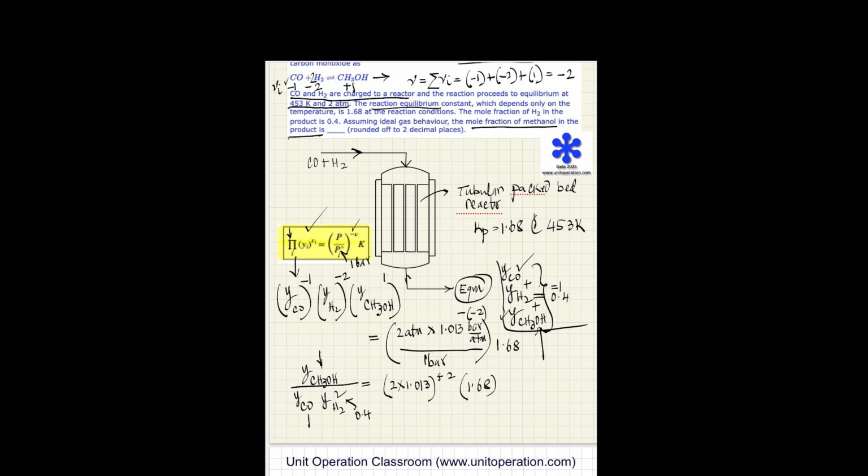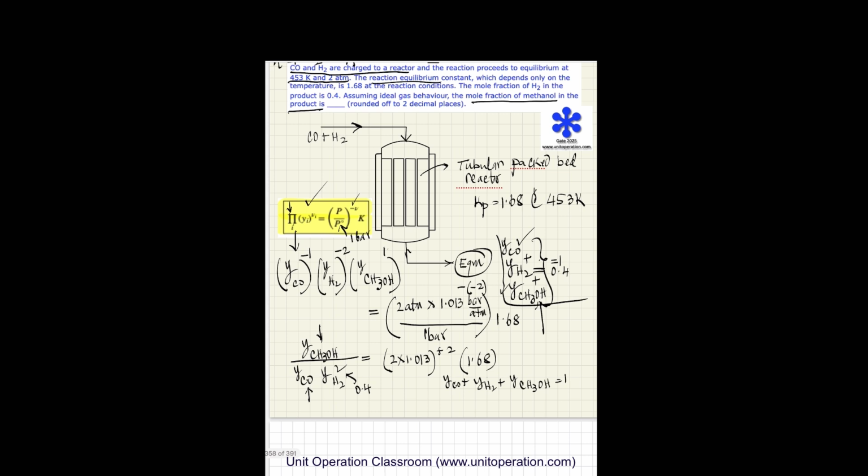So we have to express y of CO in terms of methanol, which is easy. y of CO plus y of hydrogen plus y of methanol is equal to 1, since all mole fractions added should equal 1. Hydrogen is already given as 0.4. Therefore, y of carbon monoxide is equal to 0.6 minus y of methanol.